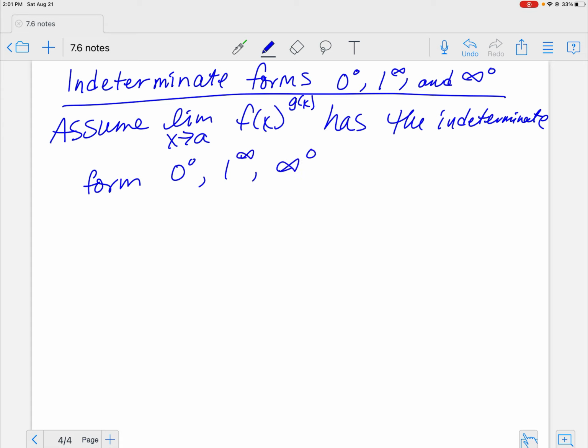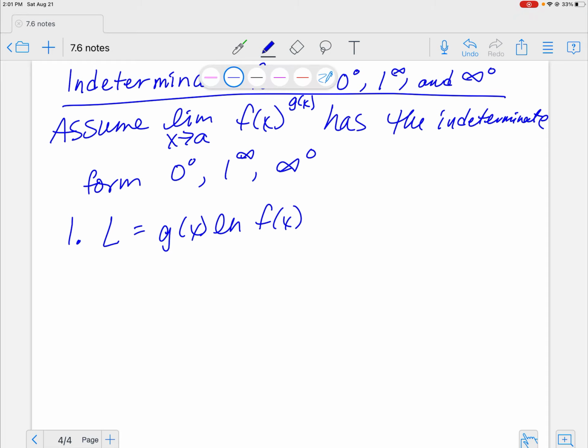All right. Then step 1. L is equal to g of x natural logs f of x. All right. Our goal here with this step, if you have a function to a function, I can't mess with something when it's up here in an exponent.